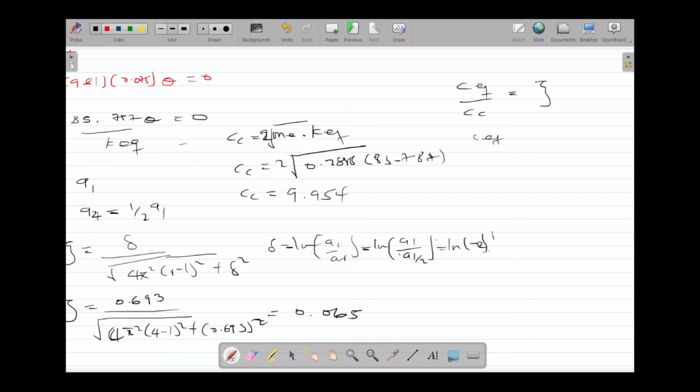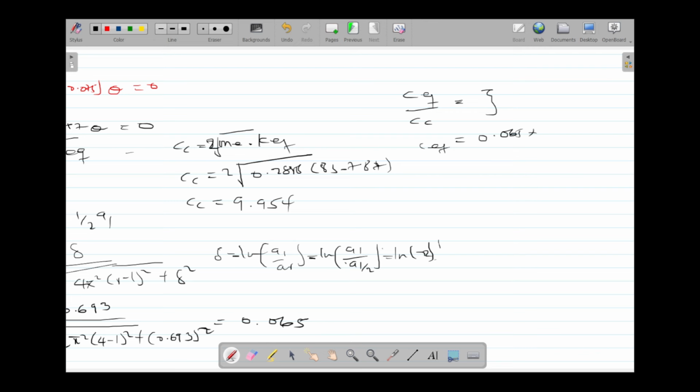So C equivalent will be equal to 0.065 times the critical damping coefficient, which is 9.954. So we have 0.646 here.